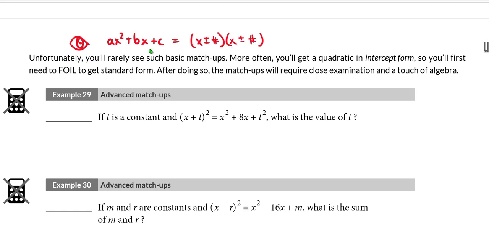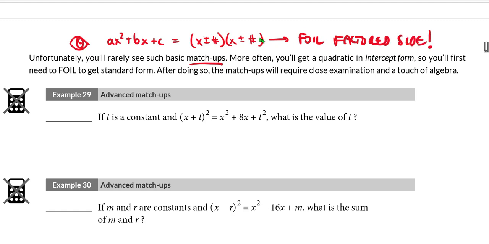So when you have standard form set equal to intercept form or factored form, like you do in example 29 or in example 30, usually that means that you are dealing with a matchup, and the process is usually to FOIL the factored side. Usually that's what we want to do.